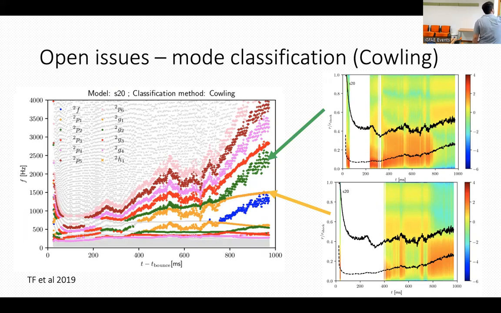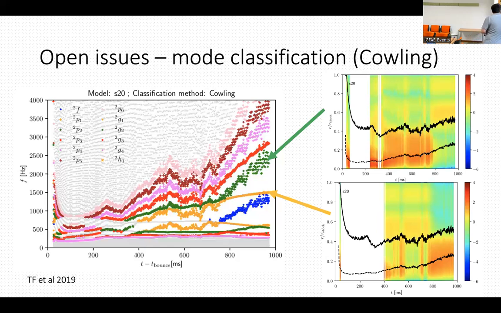I don't know if you can see clearly, but this line in black is the surface of the proto-neutron star. So this is the interior, and this is the region up to the shock. And you see, in this case, you start with something which has two nodes outside, and at some point when it arrives at this crossing, all the energy is inside the proto-neutron star.